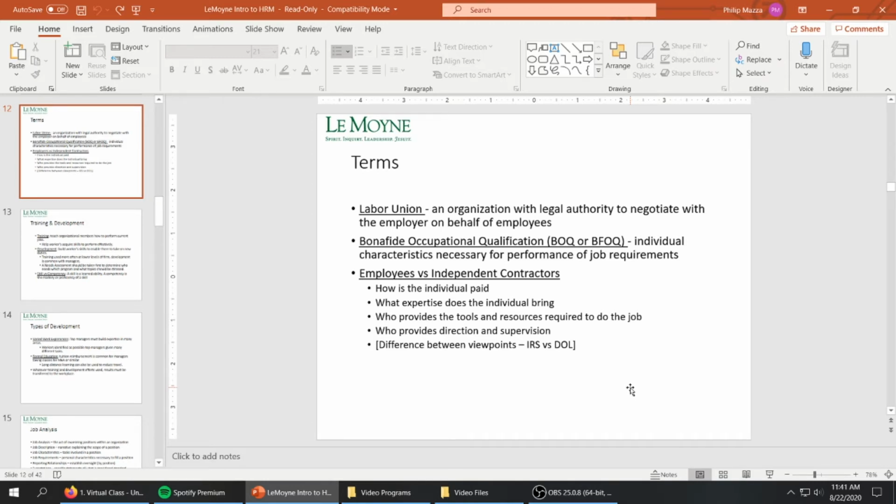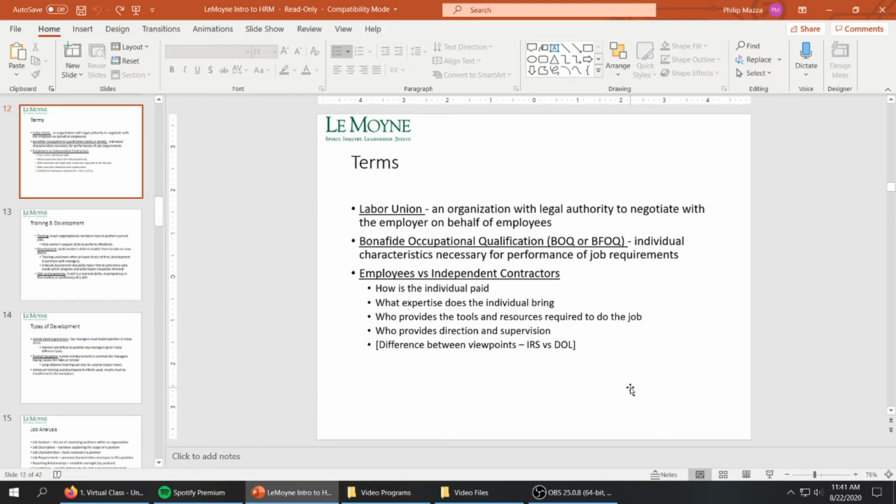So the IRS will define the employer as that entity that actually pays the person. So a temp person working at XYZ company is actually paid by the temp agency. The IRS would say the employer is the temp agency. However, where the person works, the person is being supervised by employees of XYZ company.